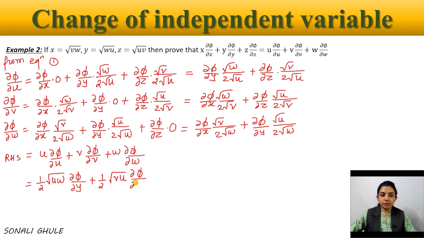phi with respect to z plus, now for this term I have to multiply phi with respect to v by v. This is your value for phi with respect to v, and here we are going to multiply by v.